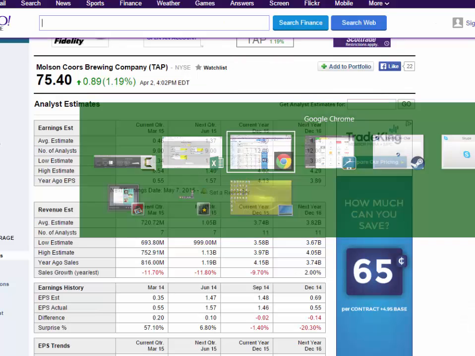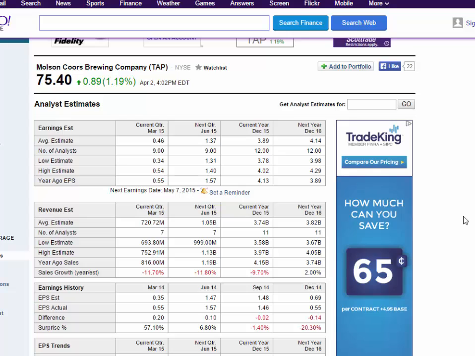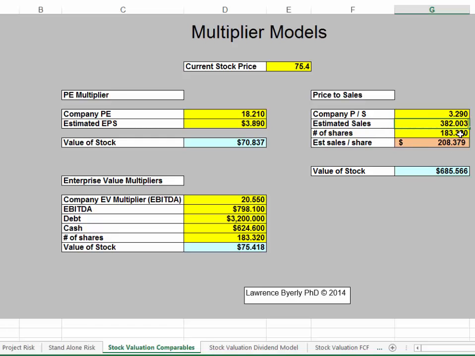Let's go back and find the estimated sales, 3820. So now, again, putting in the right information, this one says that the stock is actually worth $68.56.